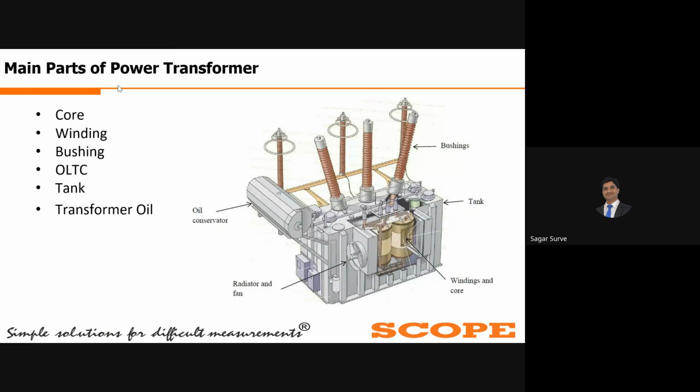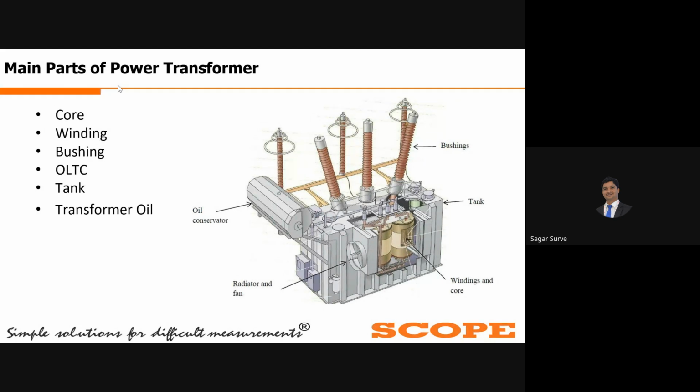The first one is as an insulating material, and the second one is as a cooling medium. So this transformer oil will work as insulator and cooling material, and the main tank, the conservator, the radiator, the bushings, CTs, PTs, all these are filled with the insulating oil.